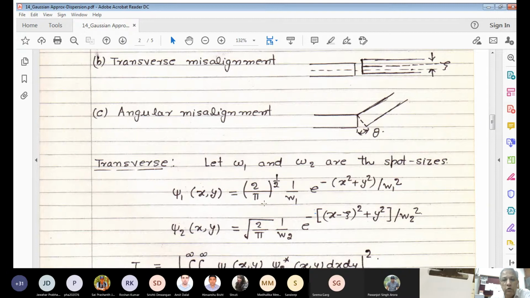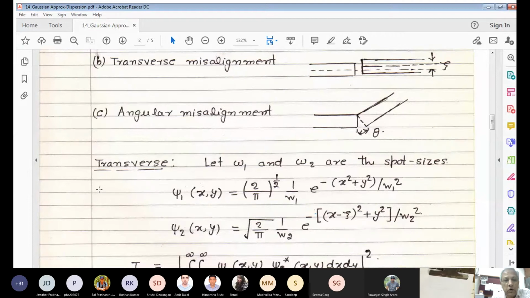I will always use normalized forms of functions. Only then would the overlap integral be less than 1, or at maximum 1. The normalized form of the Gaussian function for fiber 1 is given by this.